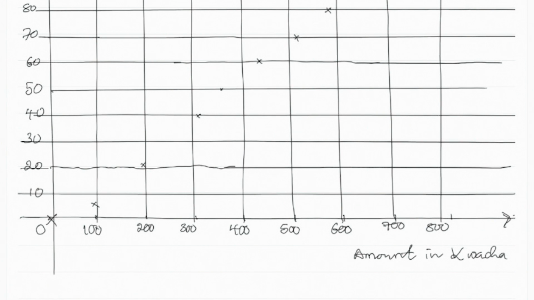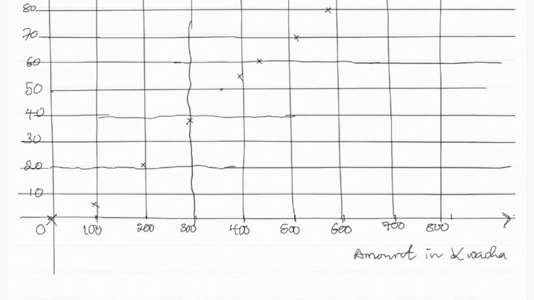Then we have 338, it's going to be somewhere there. I'm just showing you on the graph paper, it will come out very neatly. Then you have 455, somewhere there.